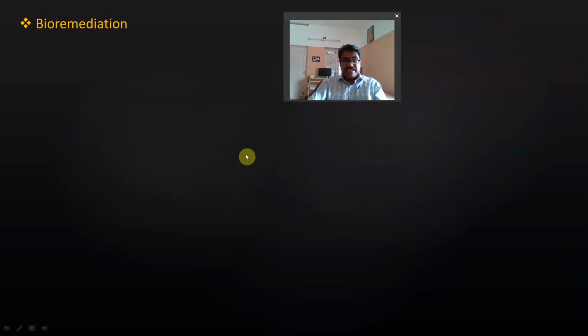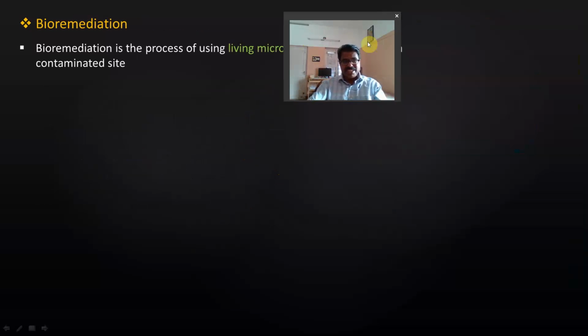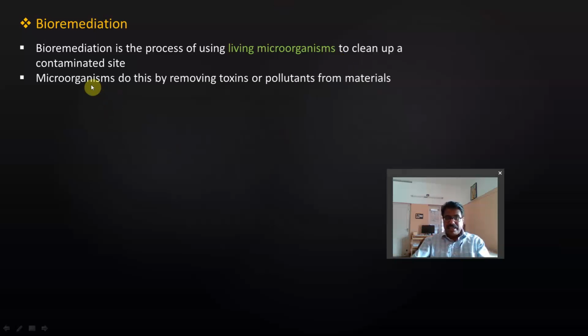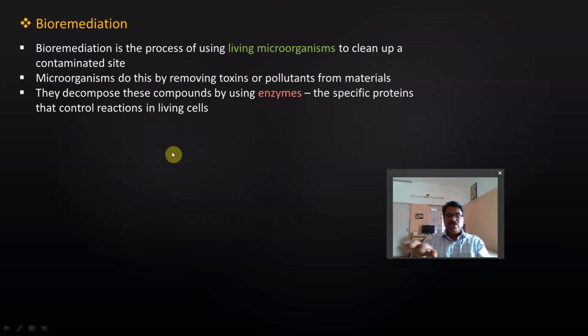And then there is, very importantly, bioremediation. So what is bioremediation? It's the process of using living microorganisms to clean up a contaminated site. To clean up a polluted site, we use living microorganisms in the site itself. That is called bioremediation. Microorganisms do this by removing toxins or pollutants from the materials, usually by decomposition with the help of different enzymes that are present.